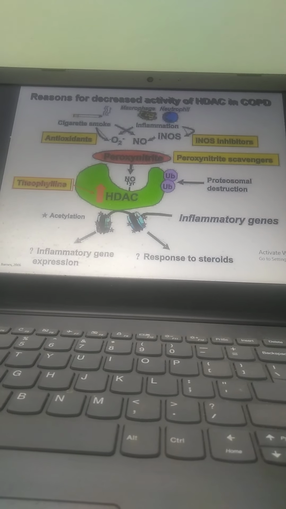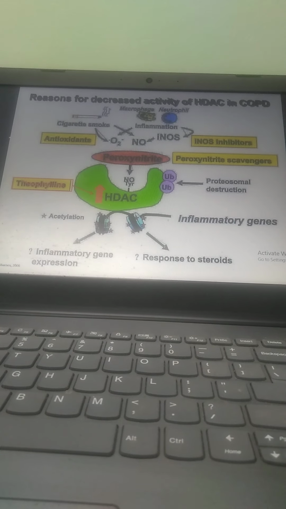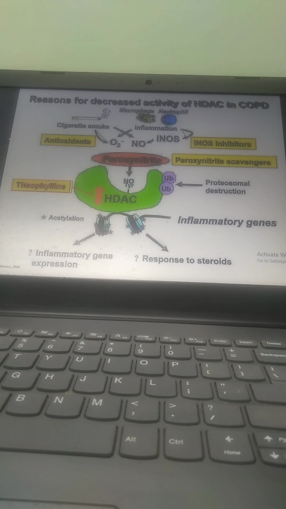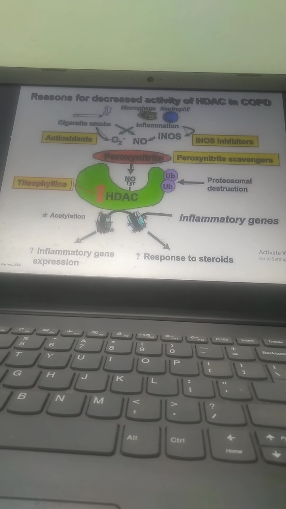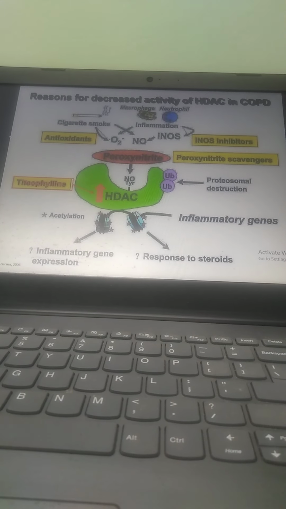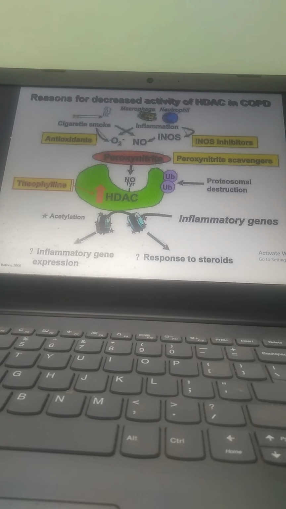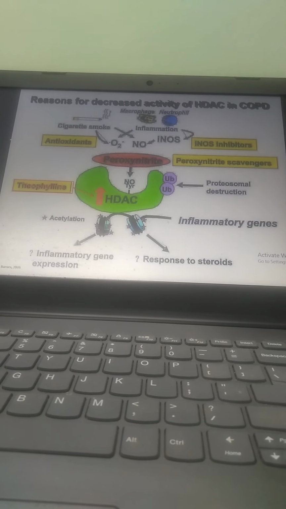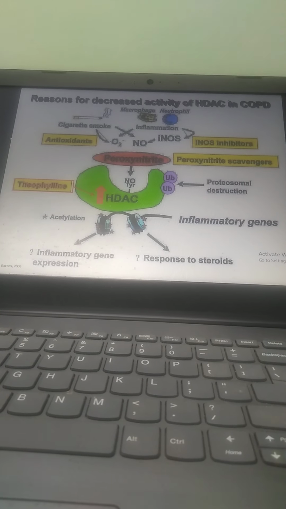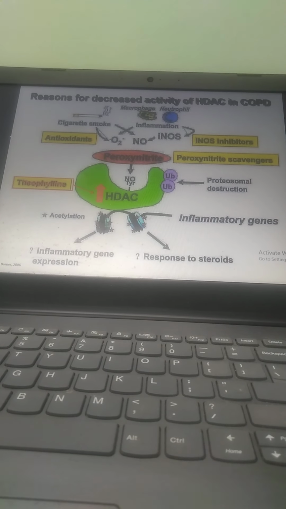Smoking and all that in COPD lead to this, and then we give theophylline, which checks the inflammatory genes through HDAC. Proteasomal destruction is carried out in COPD. So cigarette smoking is the main cause and pathophysiology of COPD, which you have to remember.